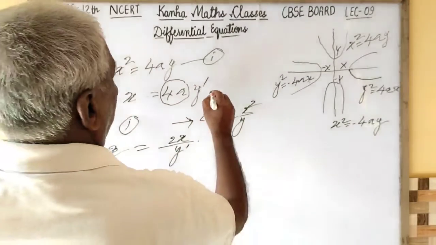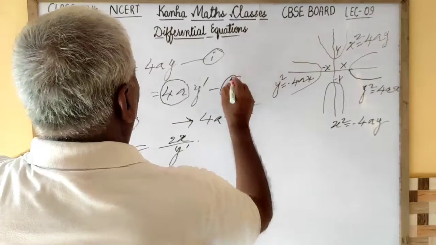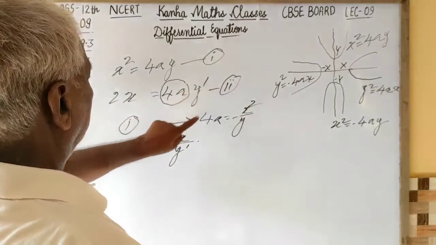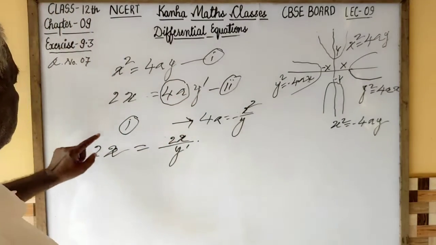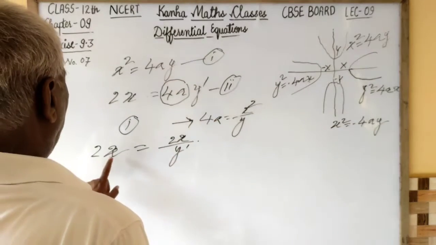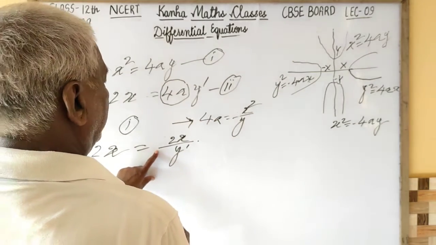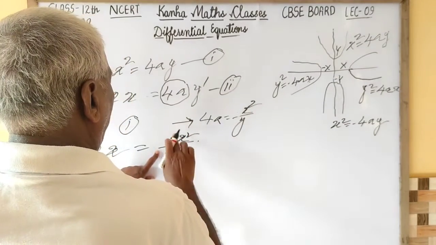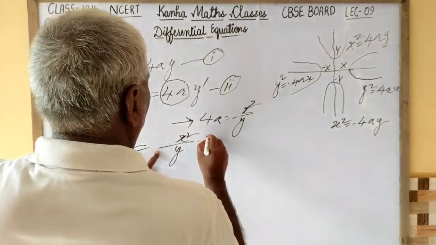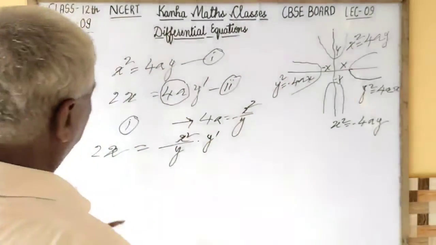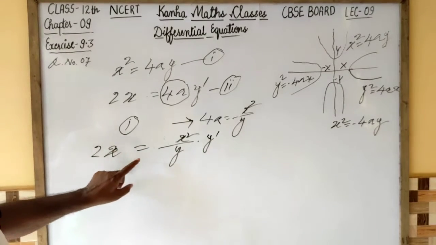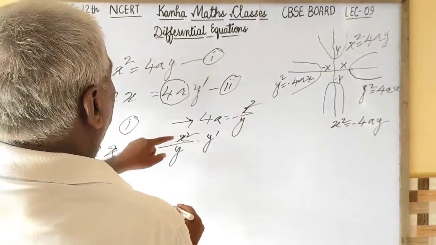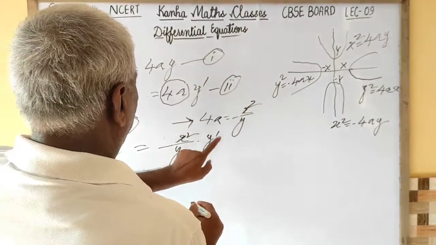From the first derivative of the parabola, 2x is equal to 4a y dash. Now we will replace here from equation 1, 4a means x square upon y, into y dash.